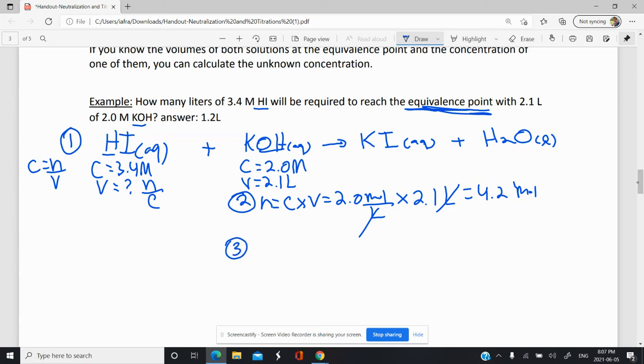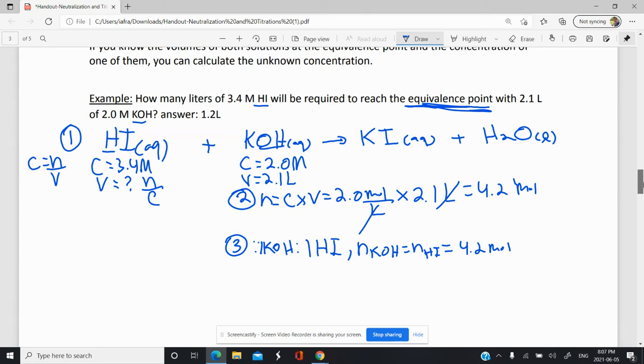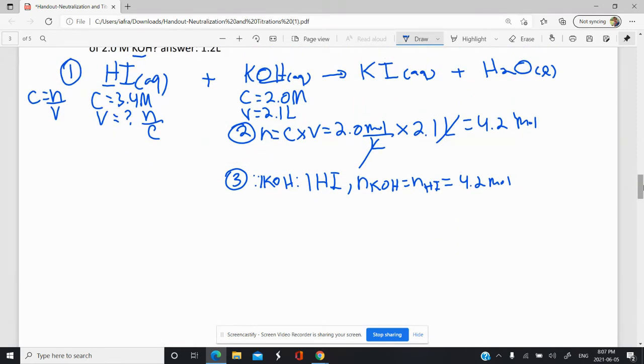Now, using your mole ratio, since we have a 1 KOH to 1 HI ratio, the moles of KOH is going to be equal to the moles of HI, which is equal to 4.2 moles. So now that we've found the 4.2 moles, the n value over here, we can go ahead and find the volume.